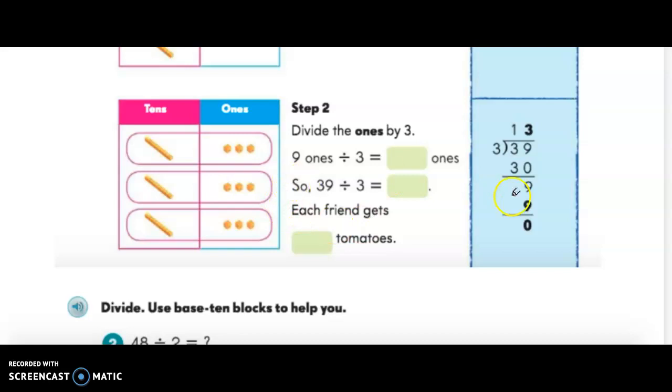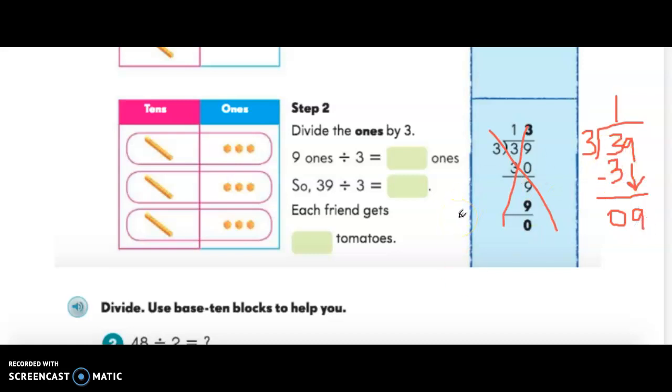Next step is to divide the ones by 3. Now again, we're going to ignore this, and I'm going to show you all the steps. Okay, so we did step 1, we multiplied here, subtract and have 0.